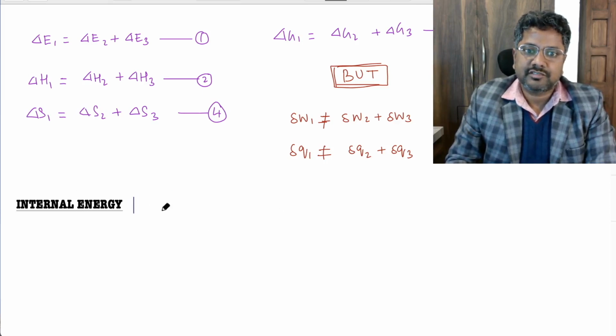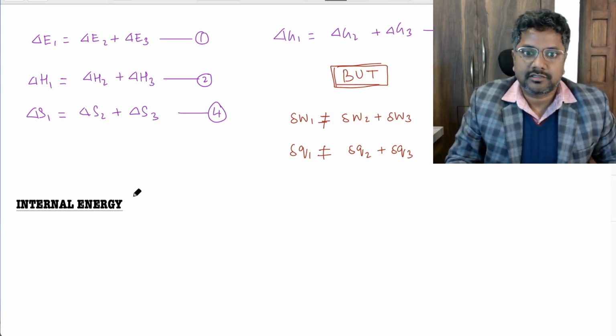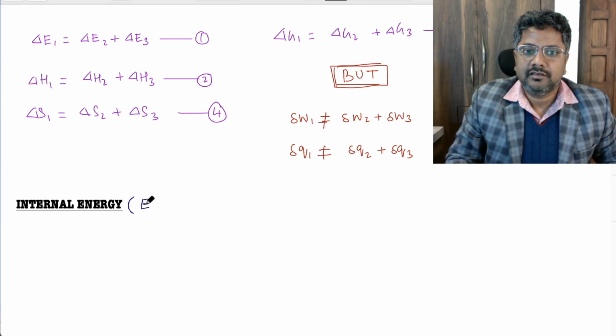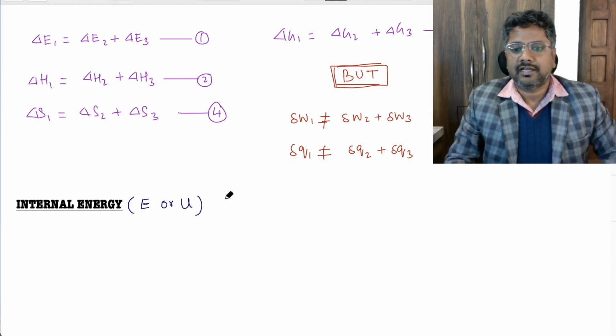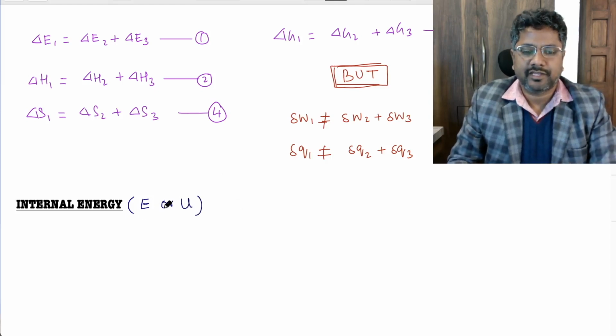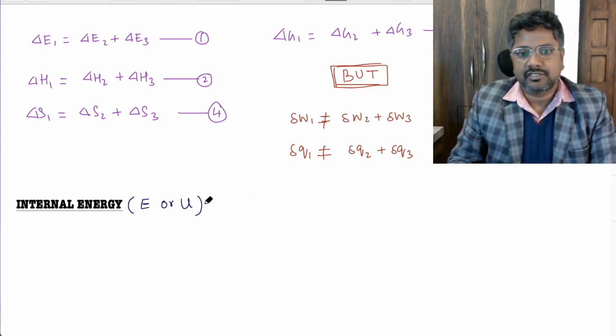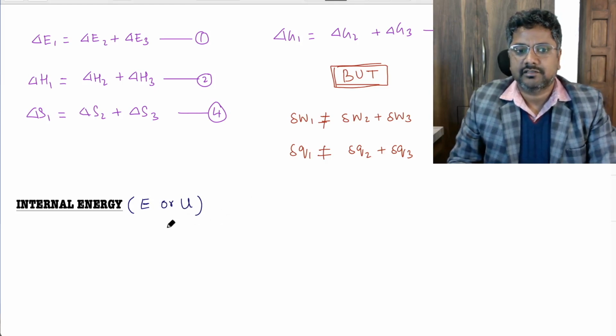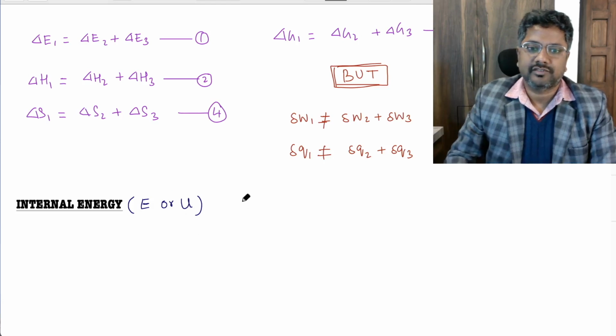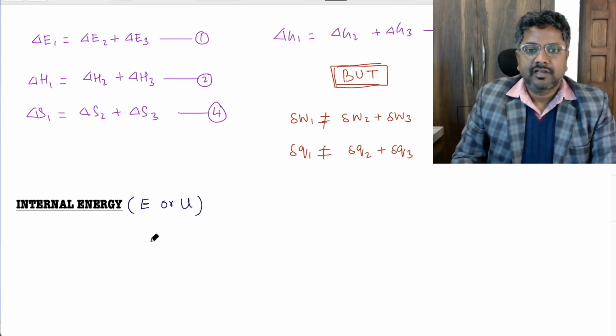Some books follow this symbol E or U. Whatever I am more used to, E, so I'm using E for this thermodynamic function, internal energy. How is it defined?